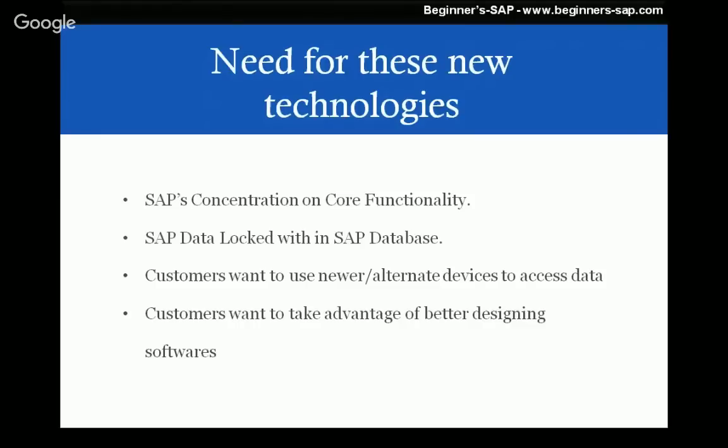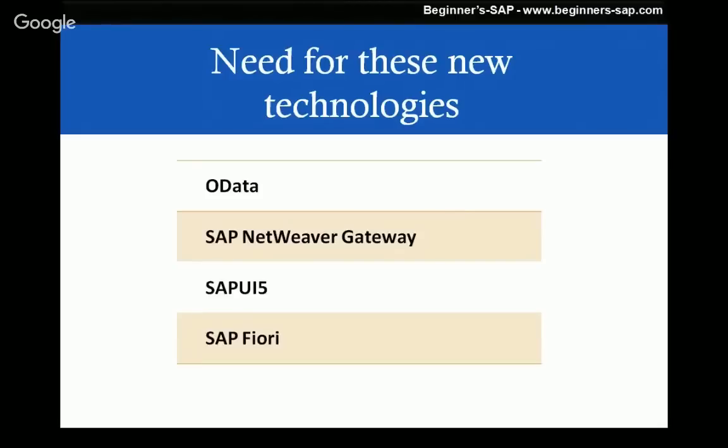But the problem is customers feel that SAP's data is locked in SAP's database, and customers want newer devices, not just laptops. They want tablets, smartphones, any of those devices. They want to access data, plus they want to access better designing software as compared to SAP ABAP. So that is why SAP has brought in its new technologies.